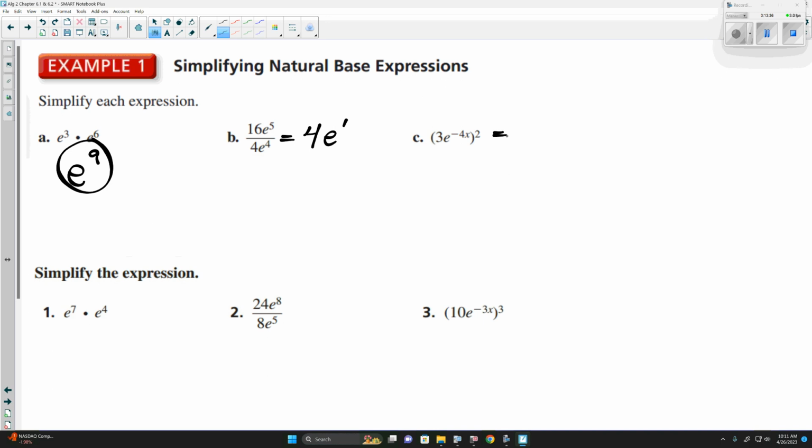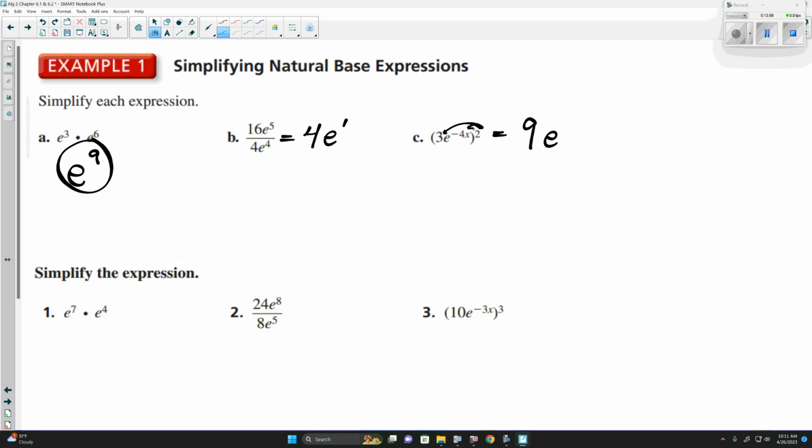Since we only have one term, we're multiplying this by itself, so we can apply the square to both terms. So we'd have 3 squared, which is 9. B. Powers of powers multiply, so we'll multiply the negative 4x by 2.